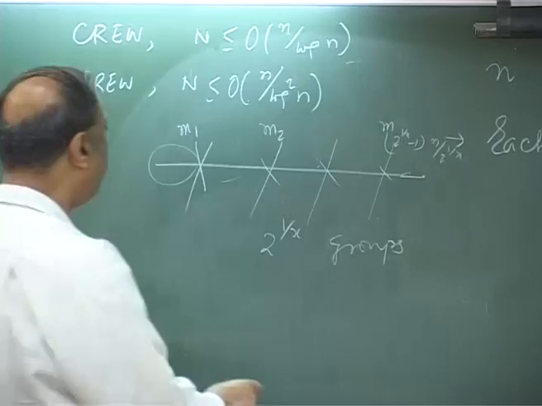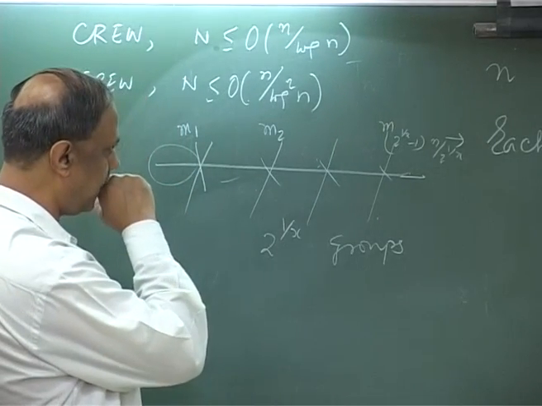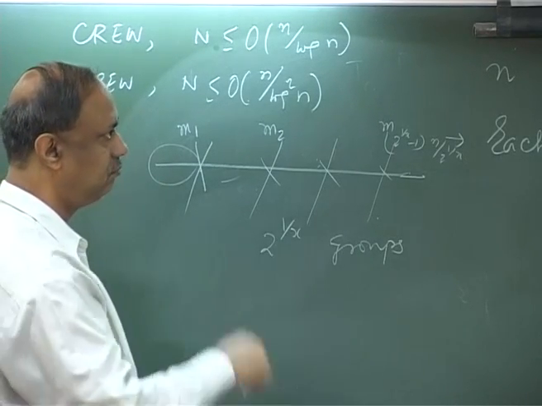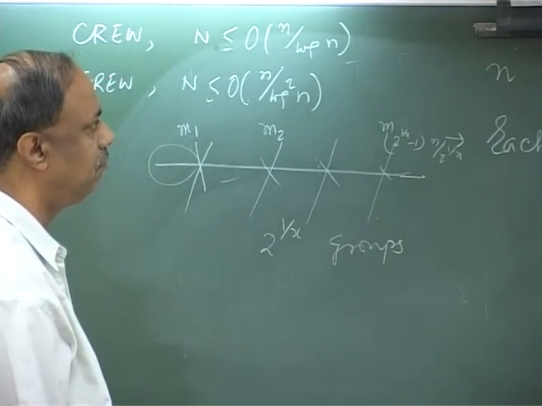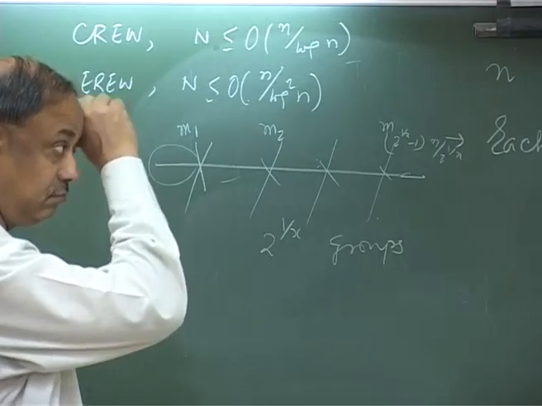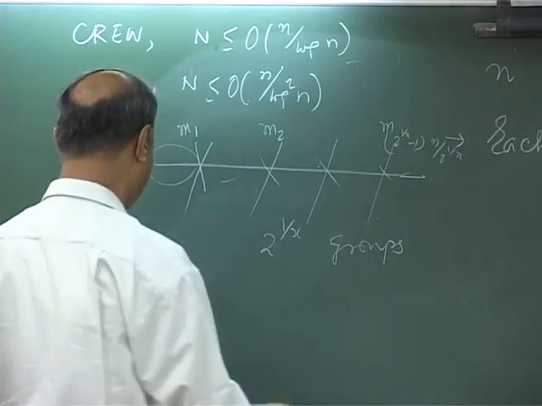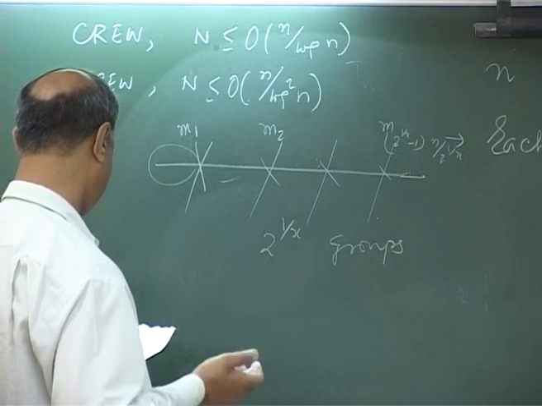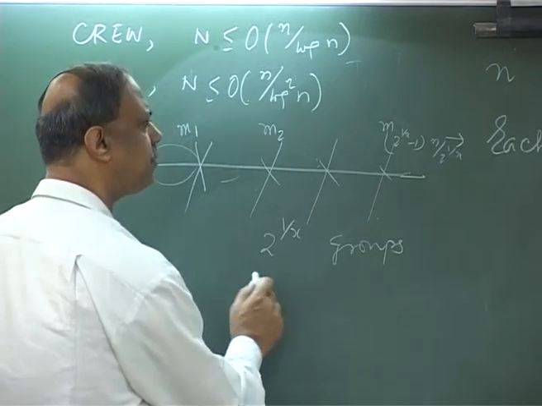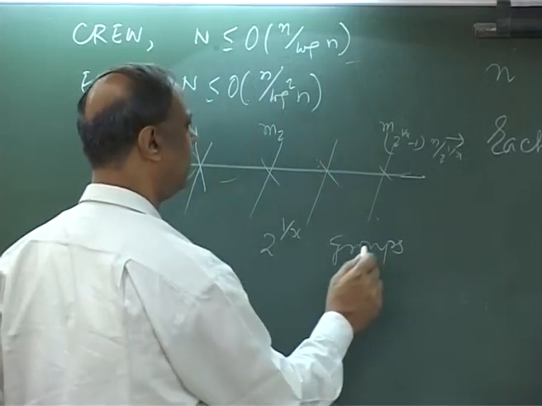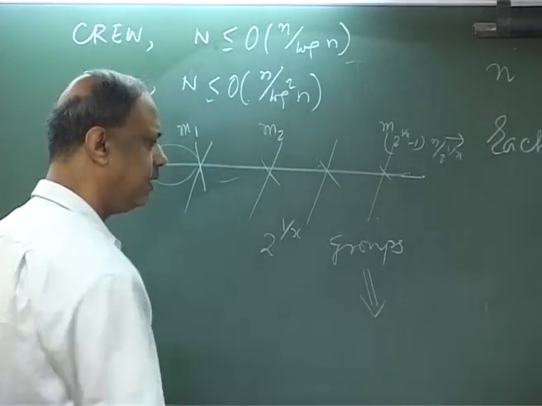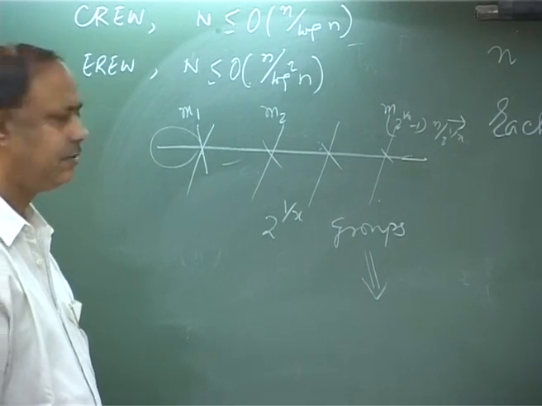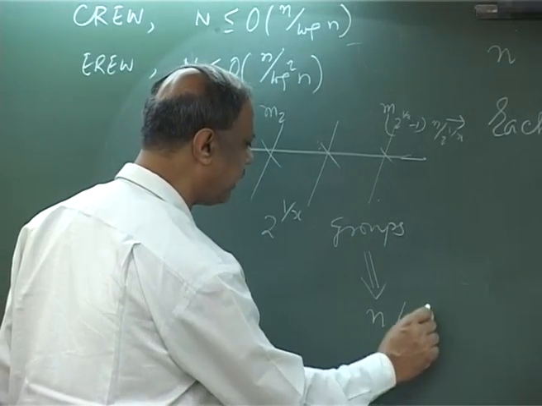Right? And each group is having how many? Total number of elements is n, so the group size is this.